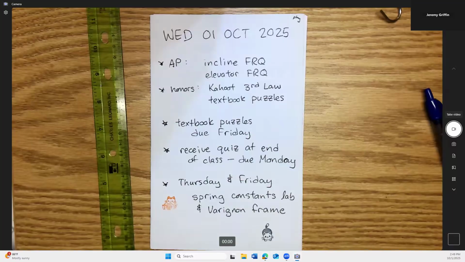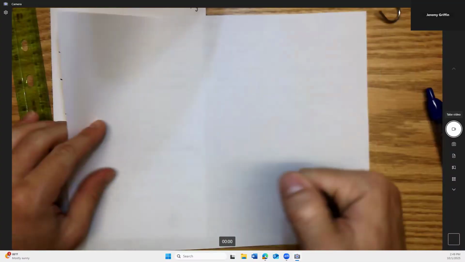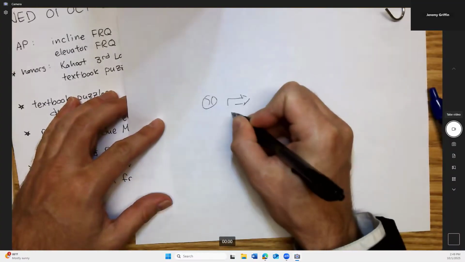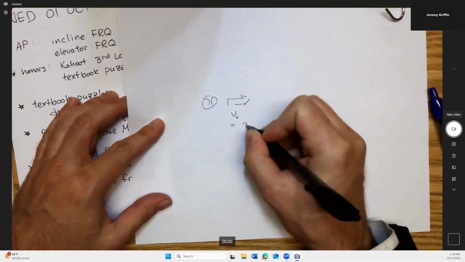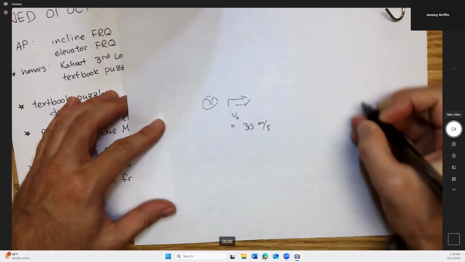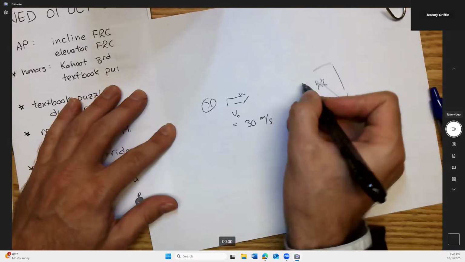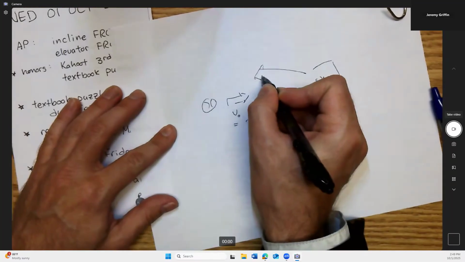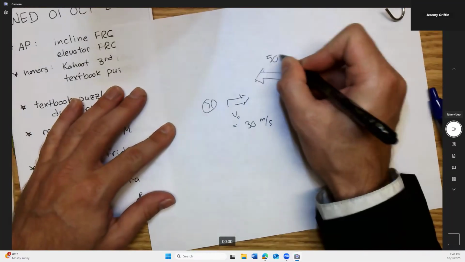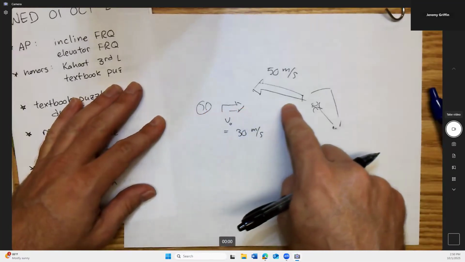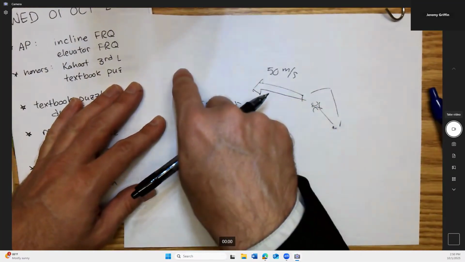Here, let's follow up here. Let's say the pitcher throws the ball, and the throwing speed is like 30 meters per second. And then the bat, like bam, hits it back the other way at like 50 meters per second.